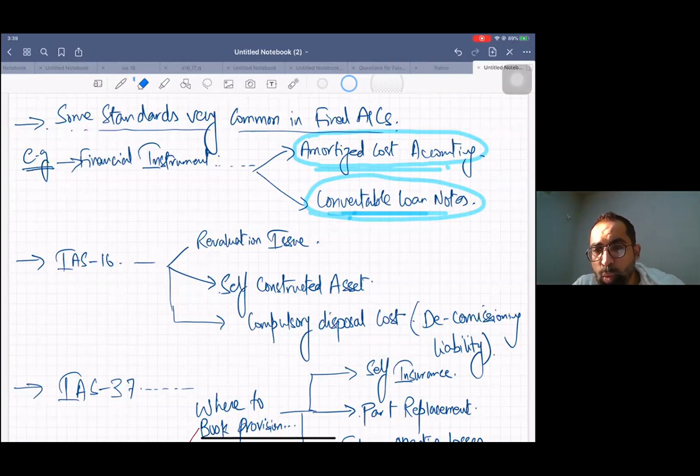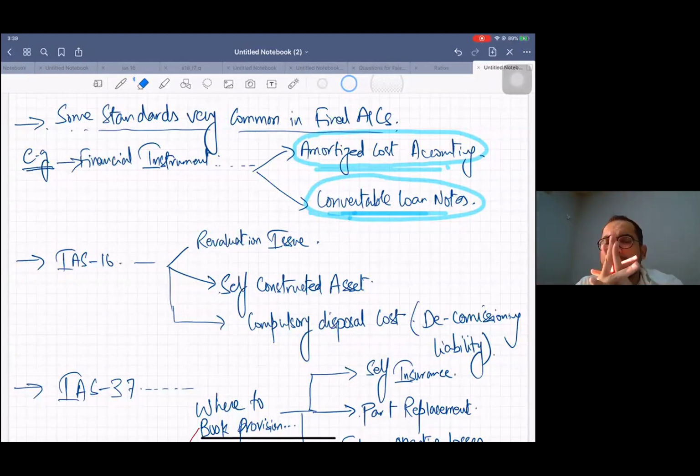But when it is written that the accountant has made an irrevocable election, don't forget the word election, to classify the investment at fair value through OCI, then you must go for fair value through OCI.